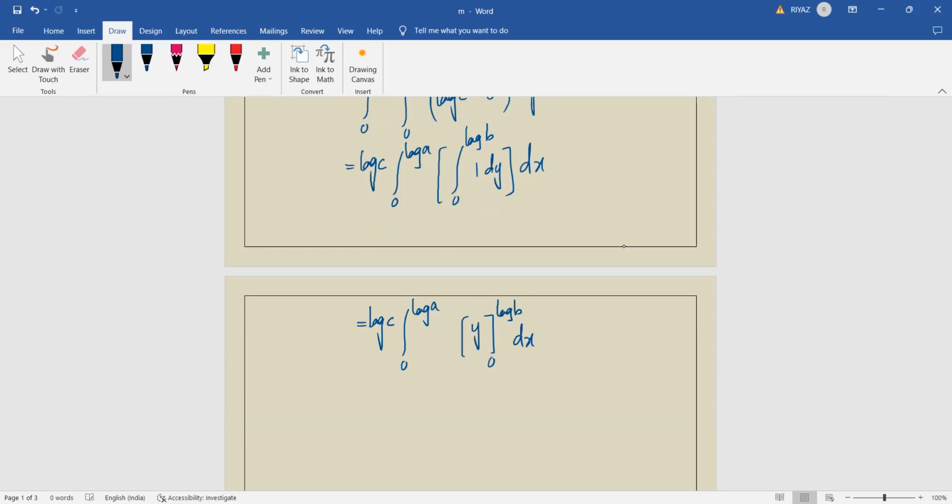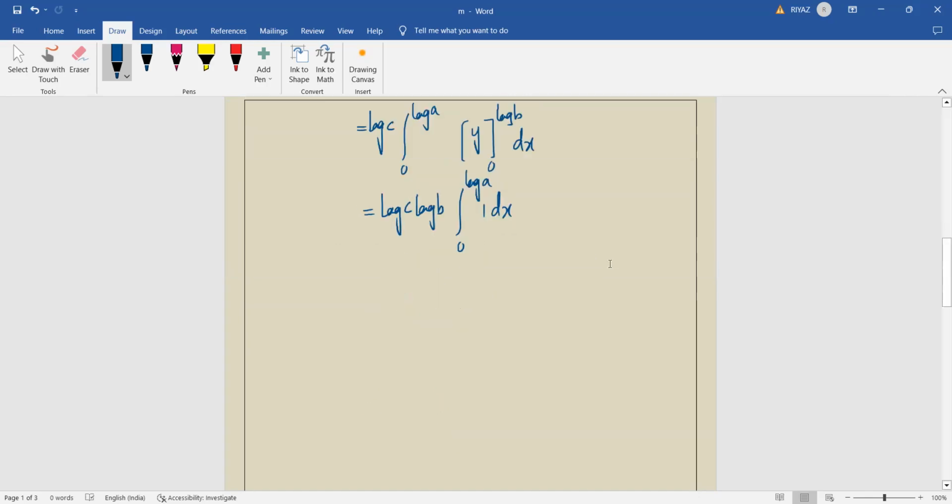Again upper limit minus lower limit. What is the upper limit? Log b, minus 0. Can I pull the log b also outside? Yes. 0 to log a, only 1 dx is left here, right?